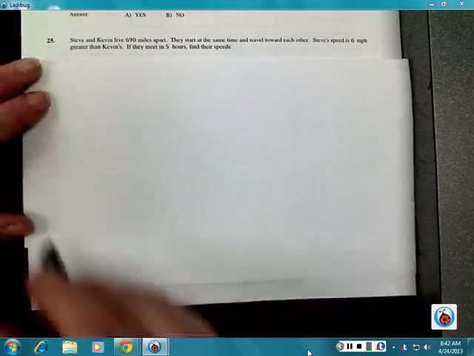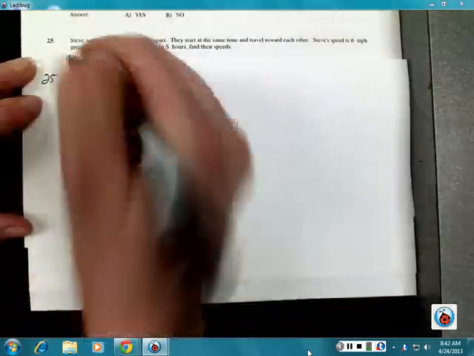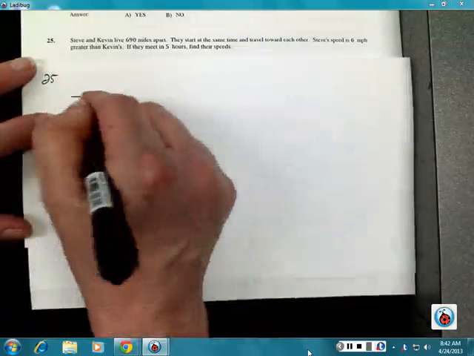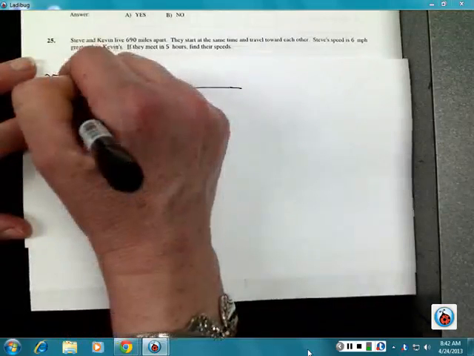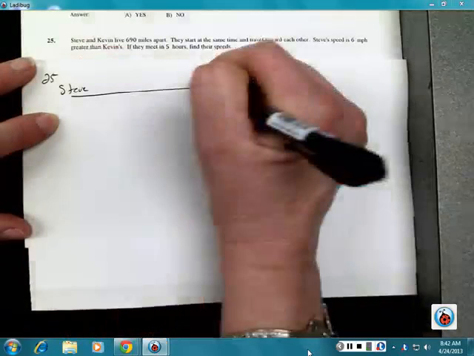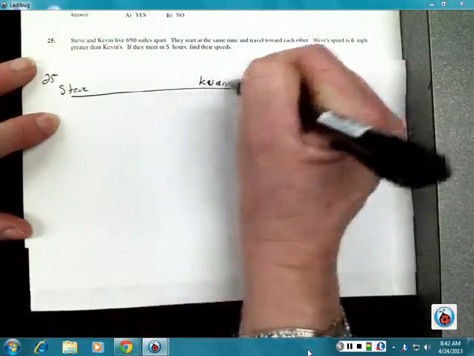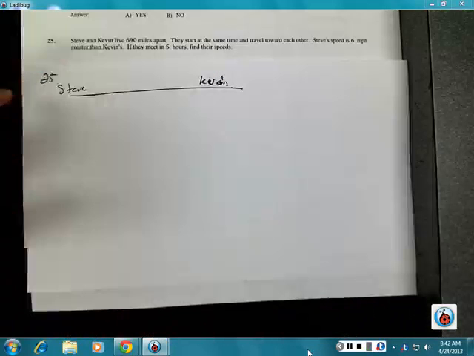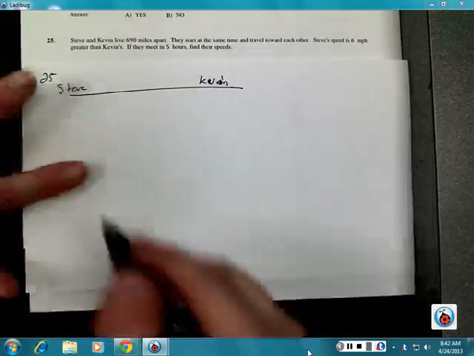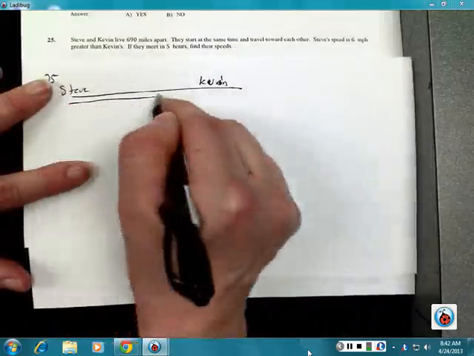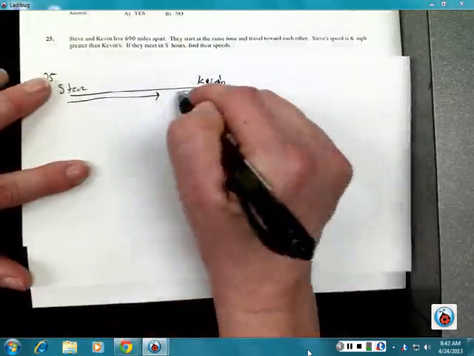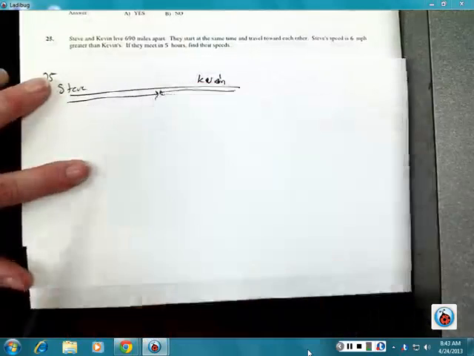So what in the world's going on with this thing? So I have 25. We have Steve on one end, and Kevin on the other. And what are they doing? Steve's walking this way, and Kevin's walking that way, and they plan on meeting in the middle, right?